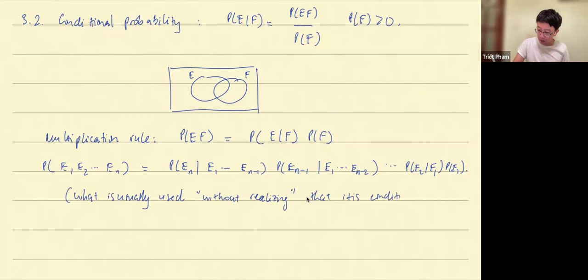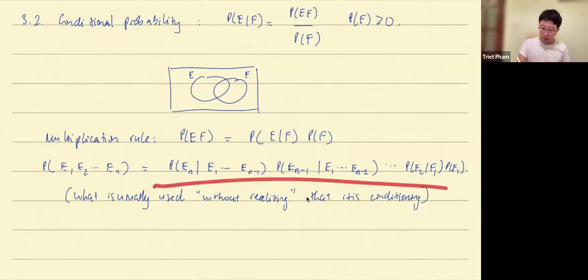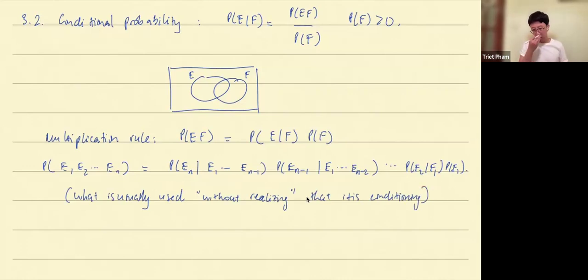So it's used a lot, but maybe the user of the rule doesn't recognize that this is conditioning that they're using.